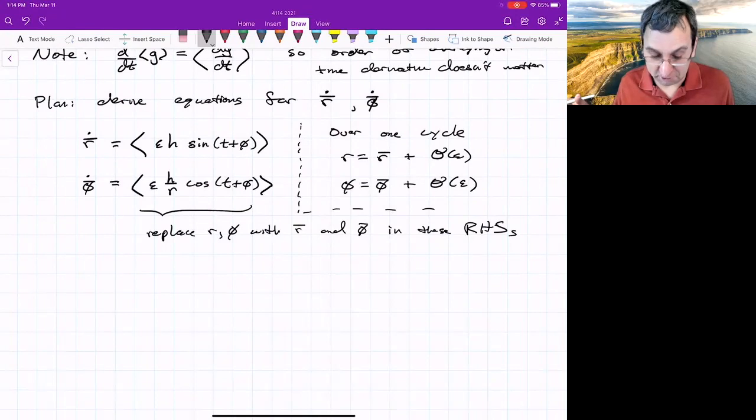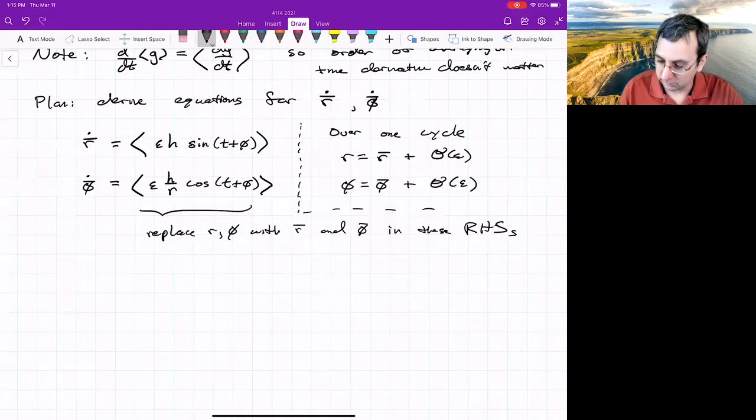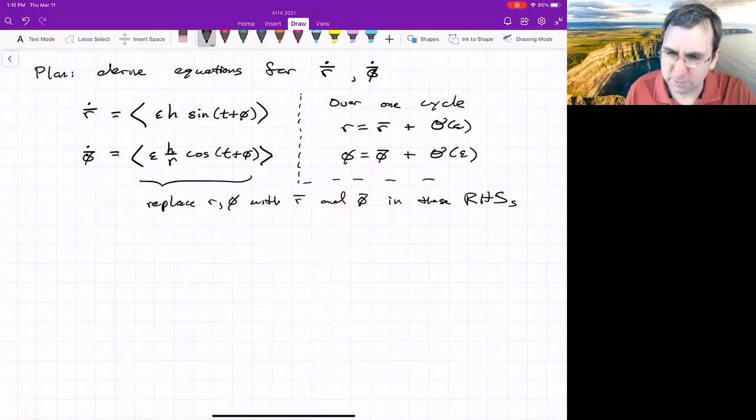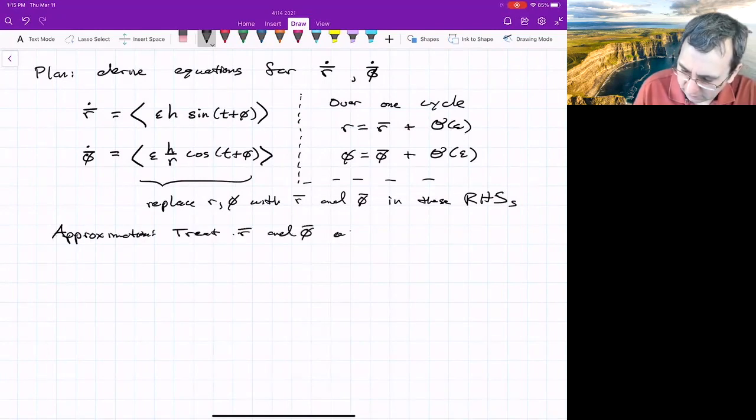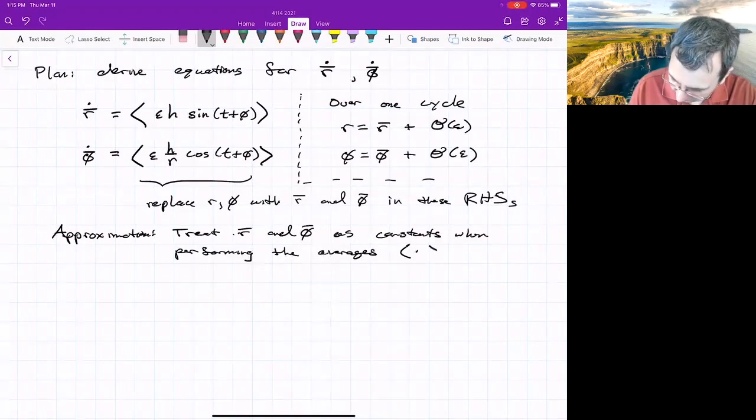So that's good. That's what we want. Let's do this for particular problems. We've got the van der Pol system. Let's do that. I guess there's something else that should be said. In our approximation, we treat r bar and phi bar as constants when performing the averages over one cycle.